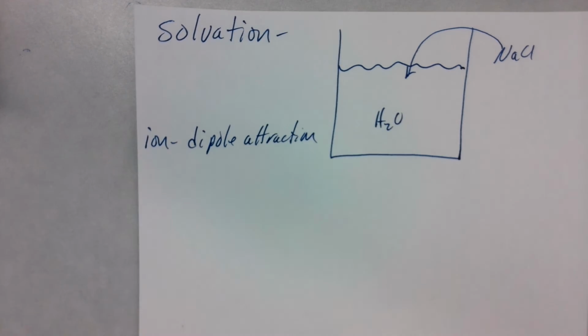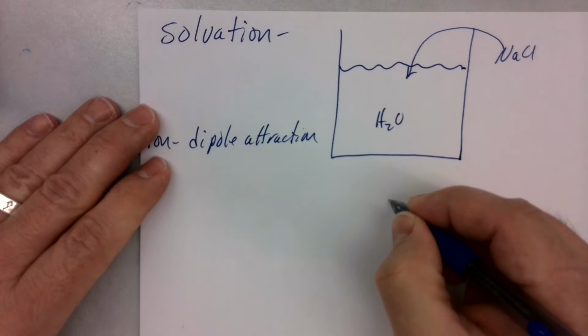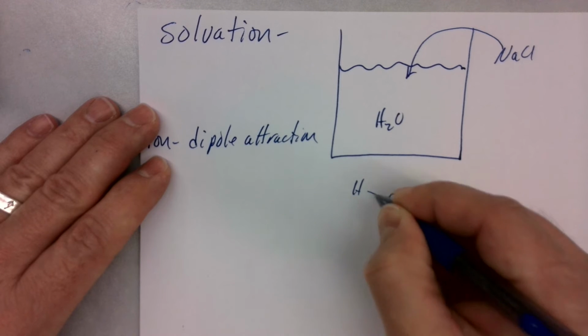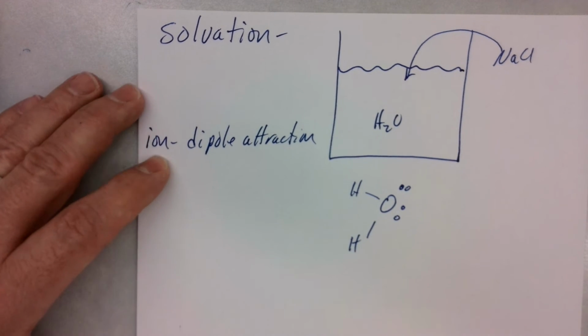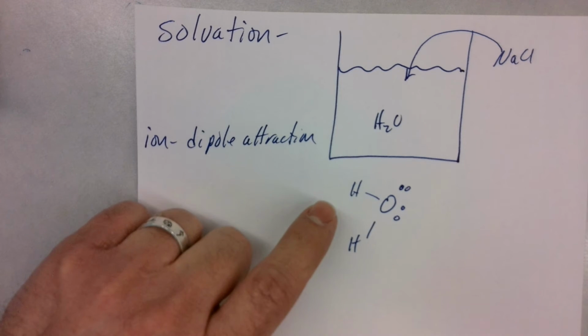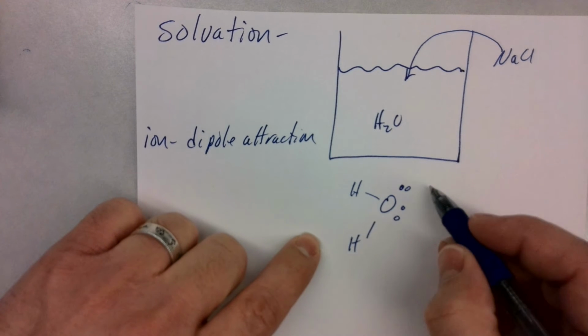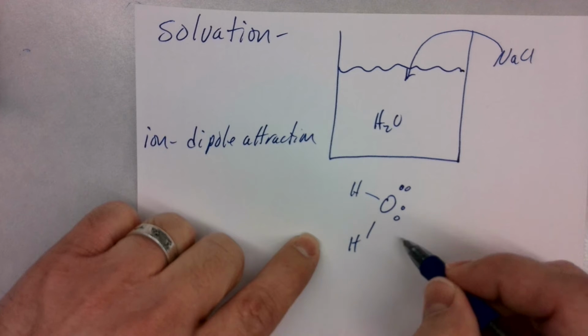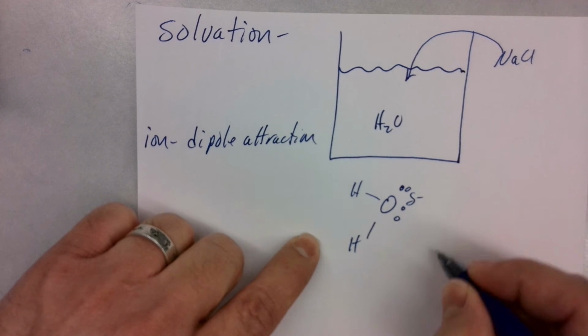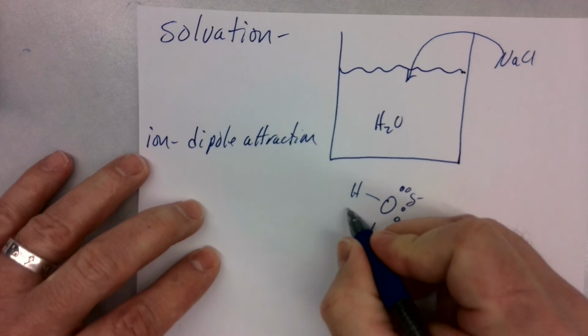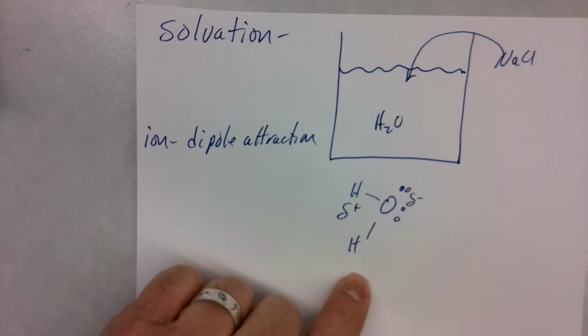Okay? So if you remember, water looks something like that, right? Correct? Well, that makes this end of my water molecule quite what? Quite negative. Makes this end naturally then quite positive, right?